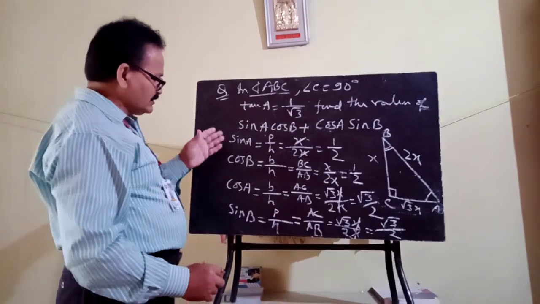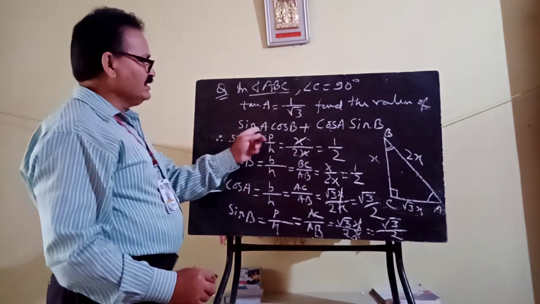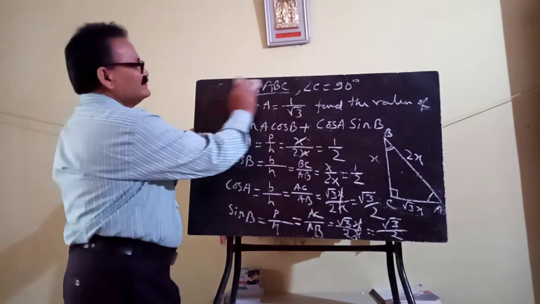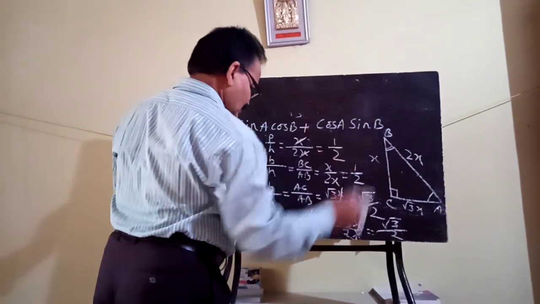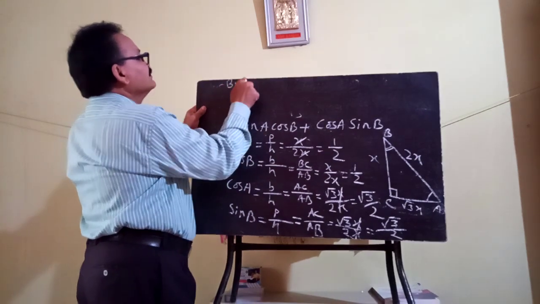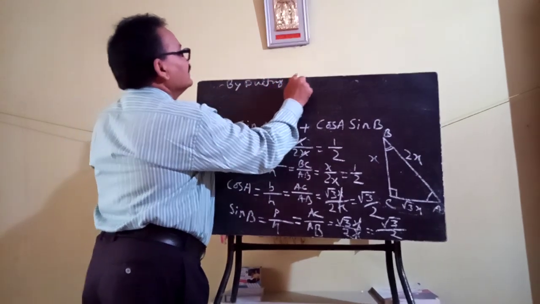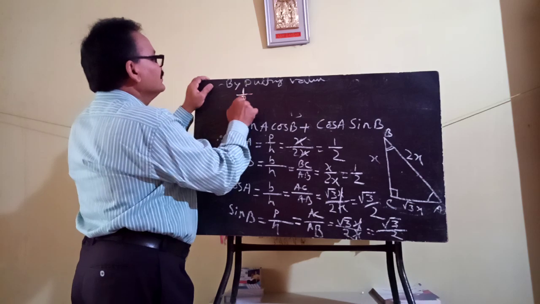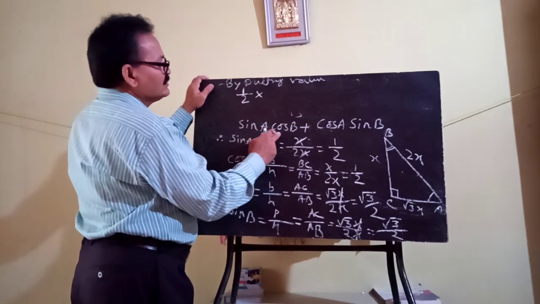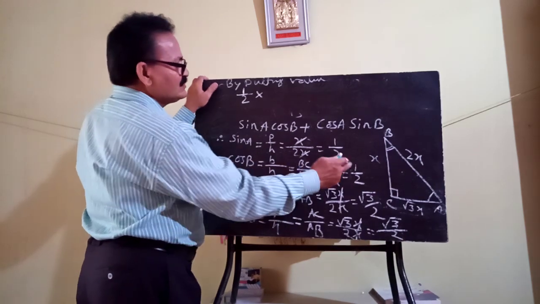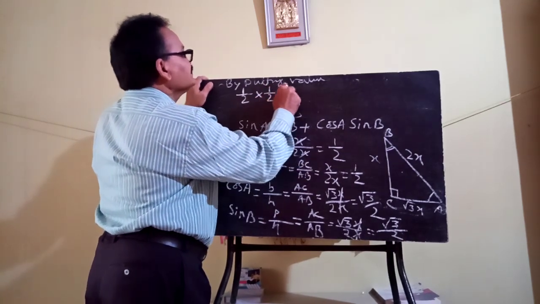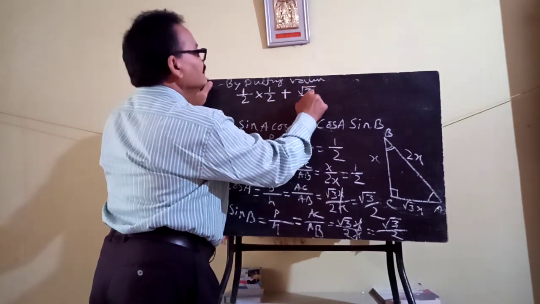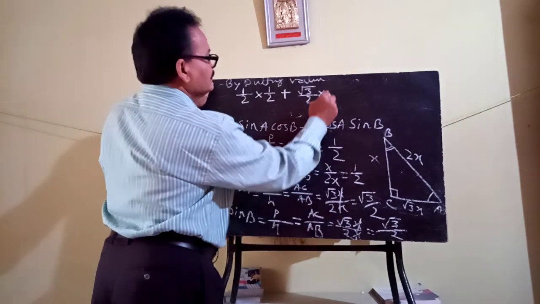Now put the values of sin A, cos B, cos A, sin B in this equation. Sin A means 1 by 2, into cos B, which means 1 by 2, plus cos A, which means root 3 by 2, into sin B, which means root 3 by 2.